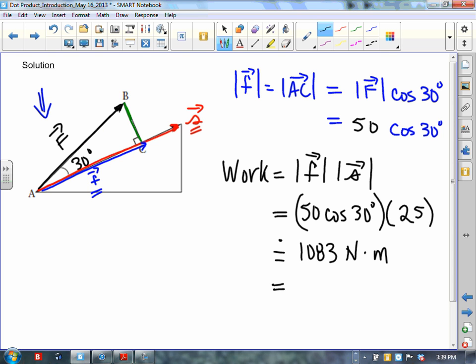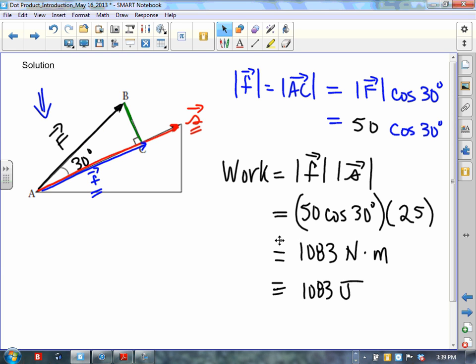The units are joules, so that is an uppercase J. Let me take that approximation symbol out here, and we'll fix that up. So 1,083 joules is the amount of work that has been done to move the object through that distance of 25 meters.